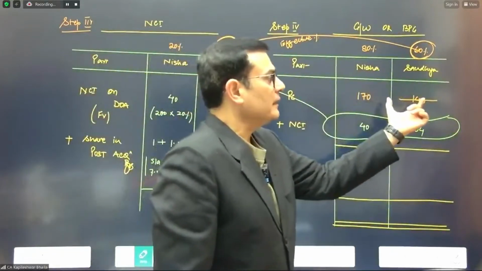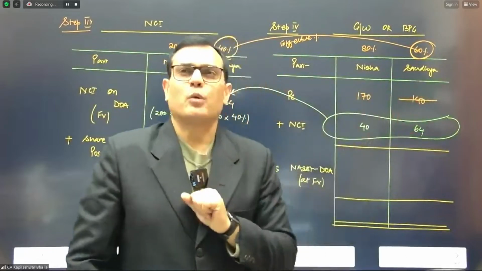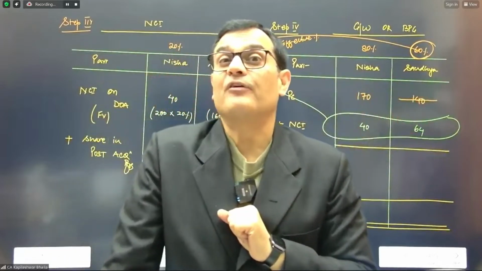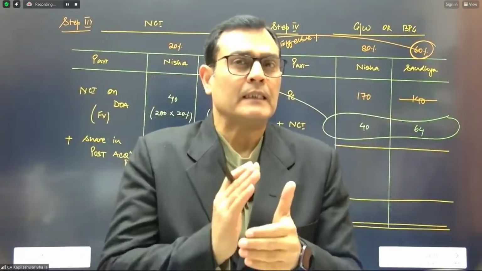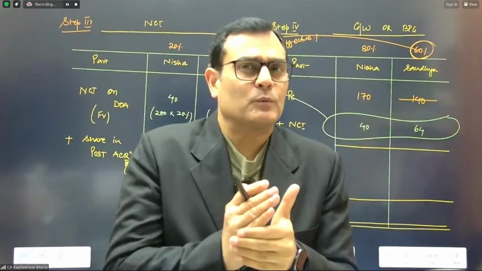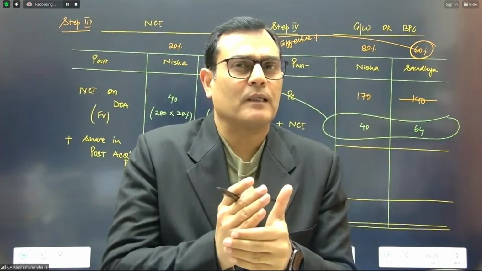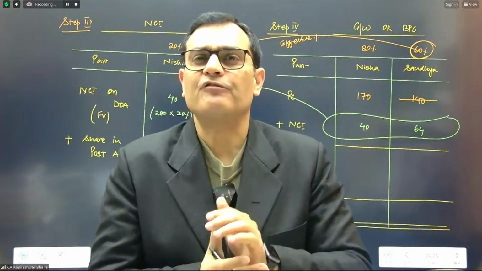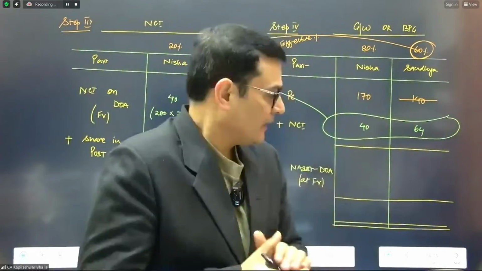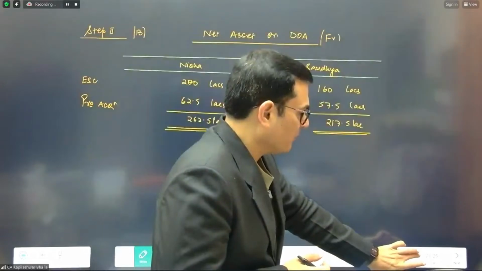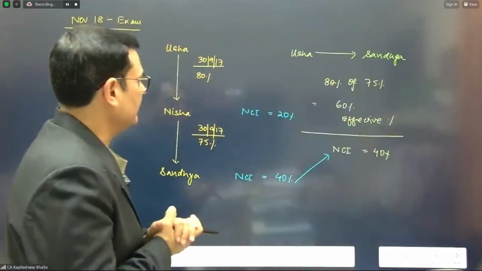Let me explain. This 140 is what he paid for 75%. The middle company, please hear the words carefully. The middle company acquired in the bottom company a total of 75% shares. If I take you back to step number one, just see the percentages again.